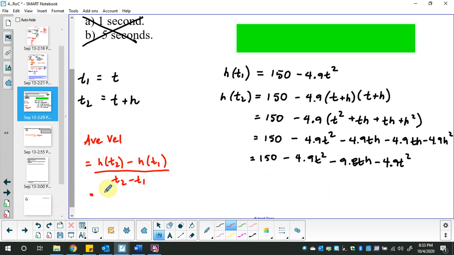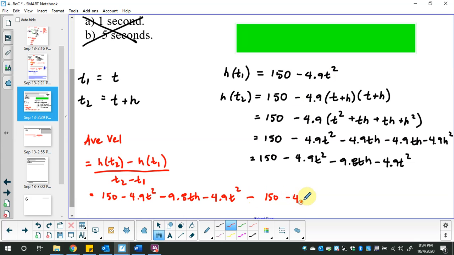And then I can find my value. So h at T2 is this ugliness. Oh, I feel a hand cramp coming on. Minus h at T1, this tiny little blurb.